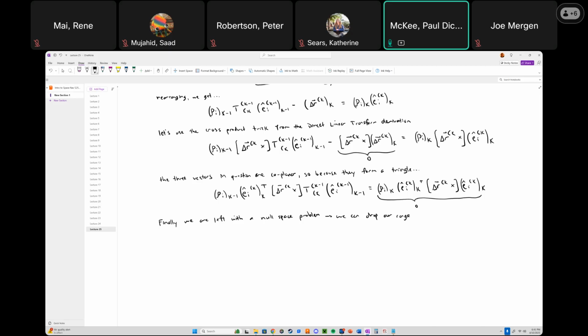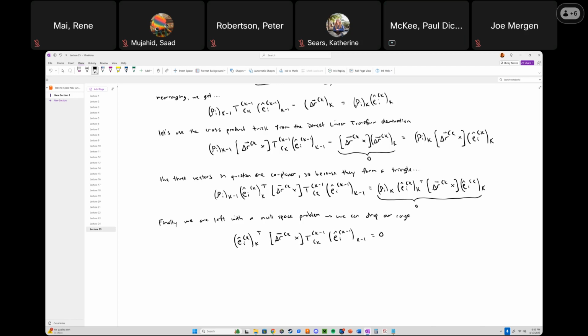Because of that, we can just say, okay, divide both sides of the equation by rho I k minus 1. And we end up with this. EICK at time k transpose, and then we end up with delta R CK cross product matrix T CK minus 1 CK, and then EICK minus 1 K minus 1 is equal to 0.